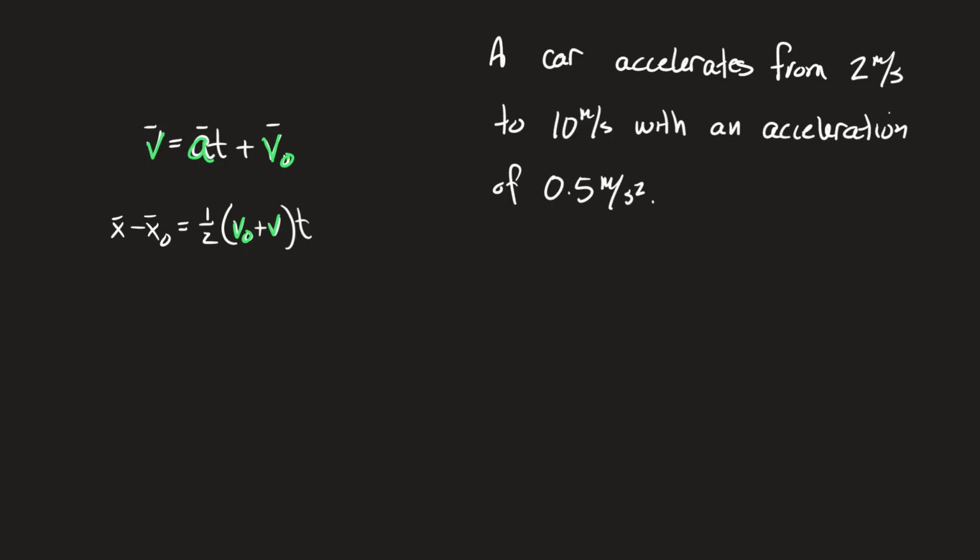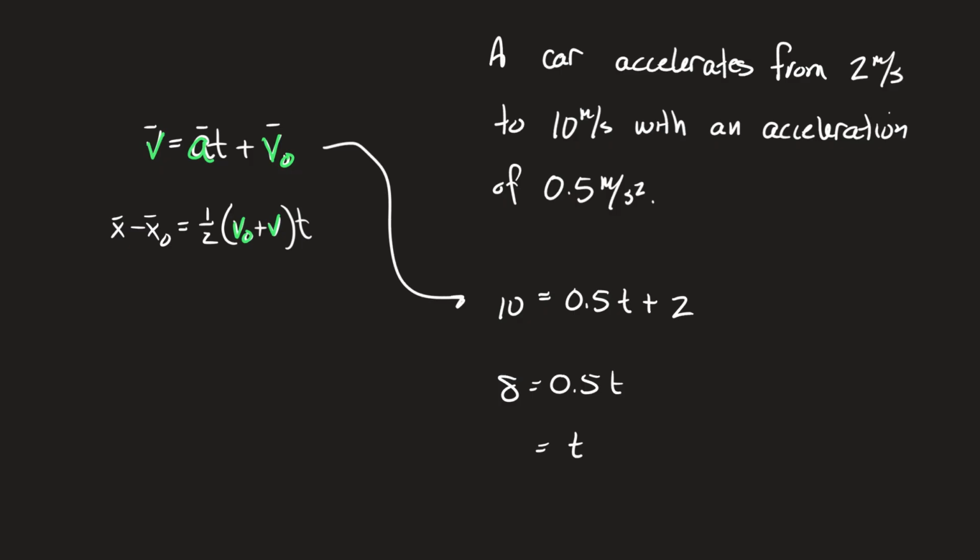I'm going to start with finding the time. v, 10, equals a, 0.5, times t, plus v naught, which is 2. Subtract 2 from both sides, 8 equals 0.5t. Divide both sides by 0.5, and t equals 16 seconds.